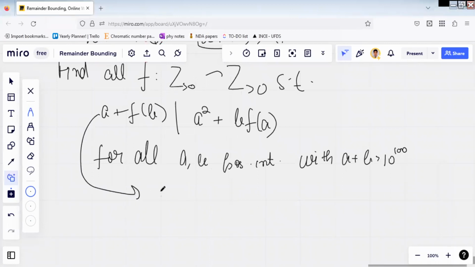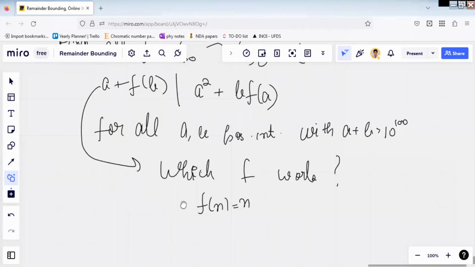Try to guess the solution if that helps. f of n is equal to n. Oh, 1. That doesn't work, no? f of n is n. Oh, identity. f of n is n.